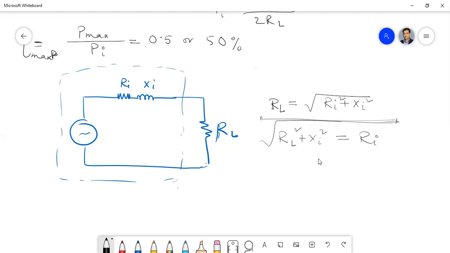That is the ohmic values. And that is the condition for this case.